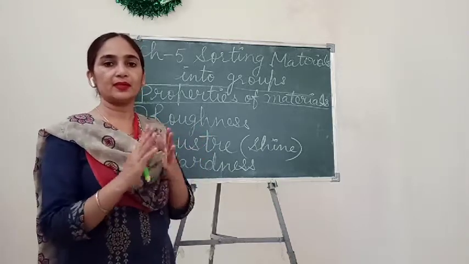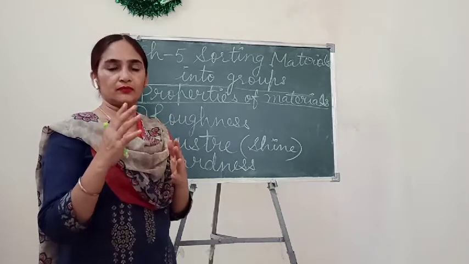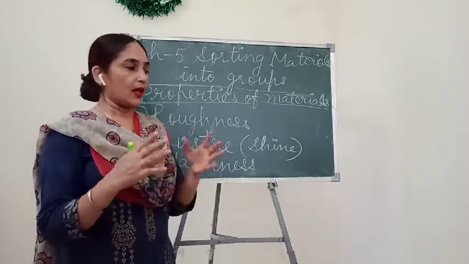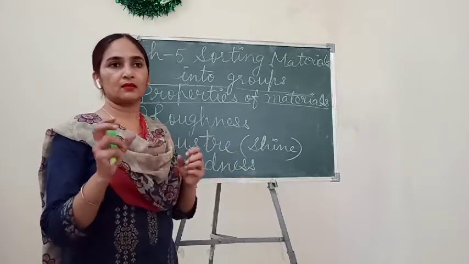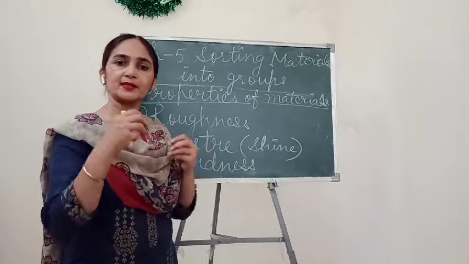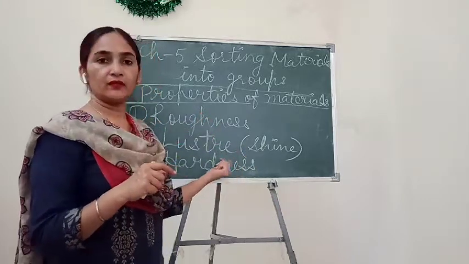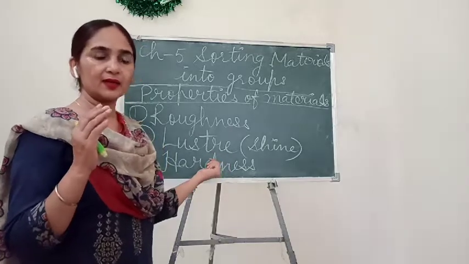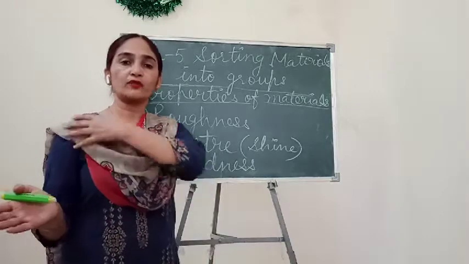You know that diamond is the hardest material we can ever see. And for a soft thing you can take any example, because when we separate hard material, as compared to it we can separate out soft material.